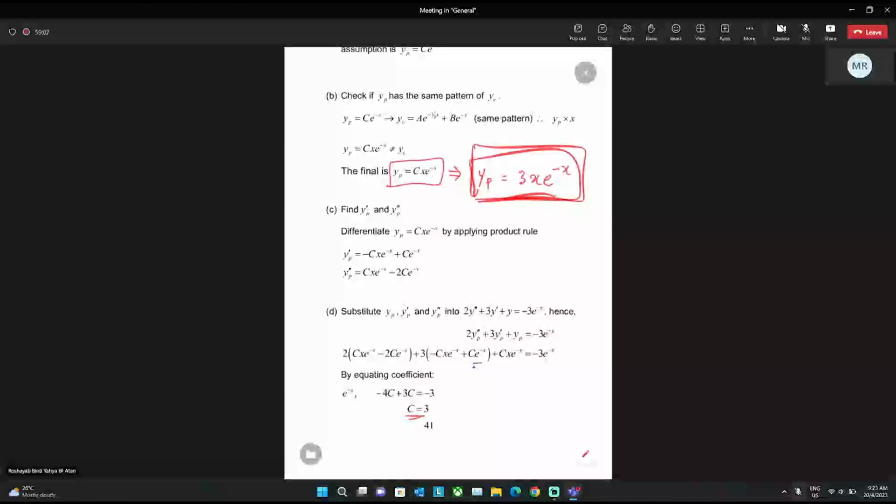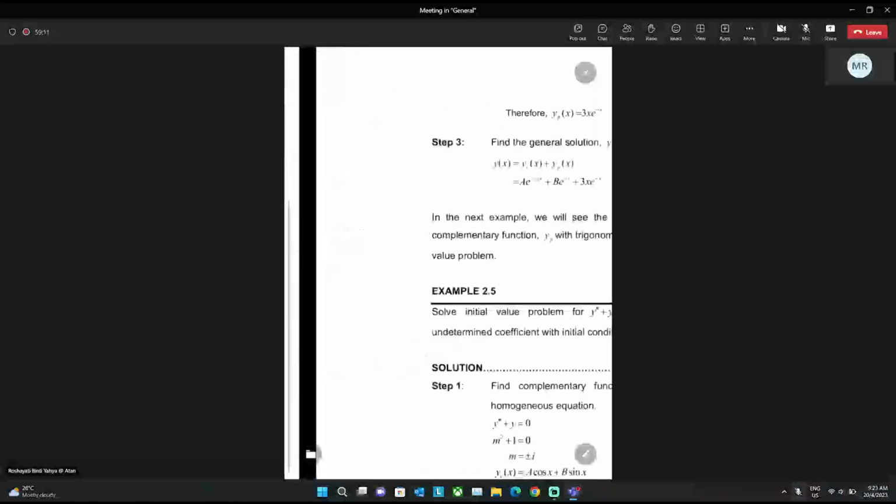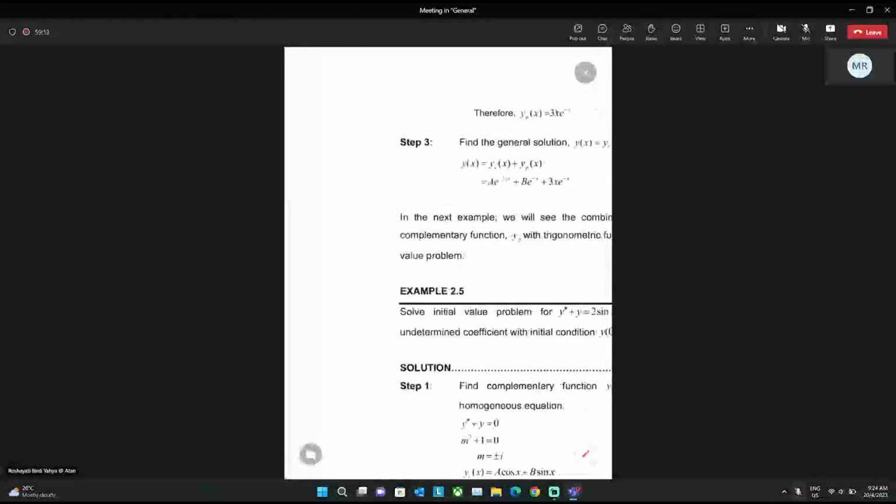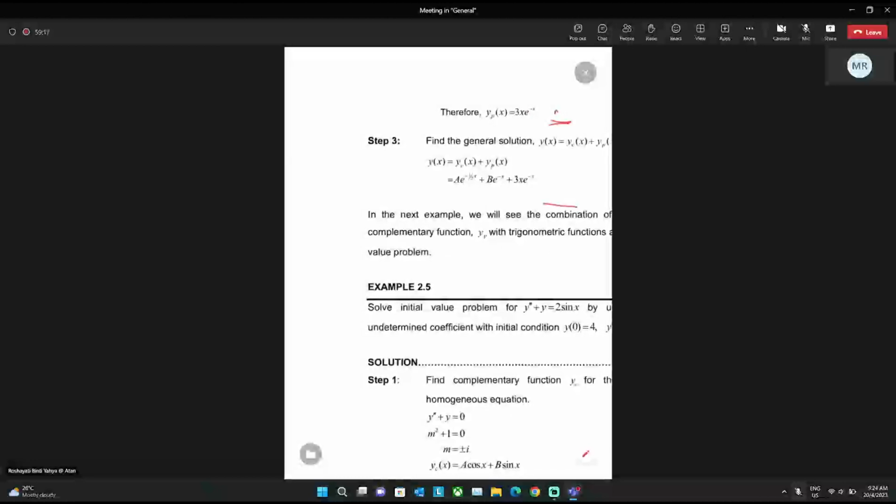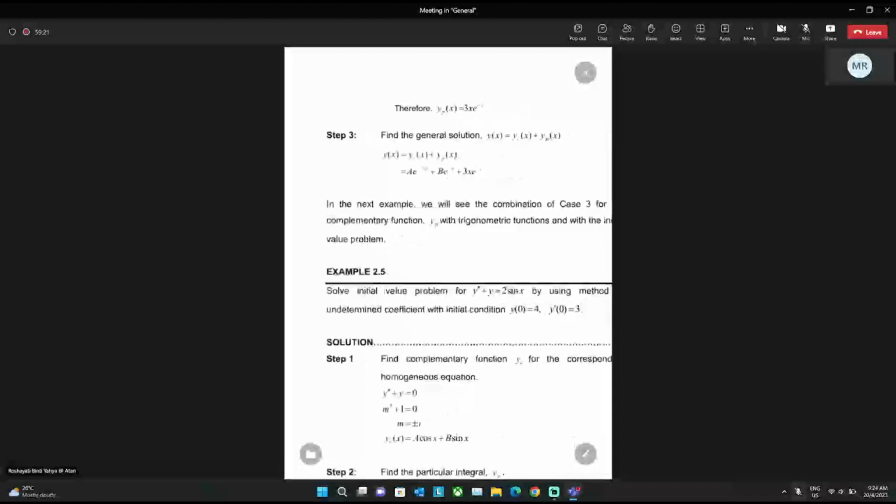Okay, use highlighter, highlight this YP. And then find general solution here. General solution, we know that Y equal to YC plus YP.